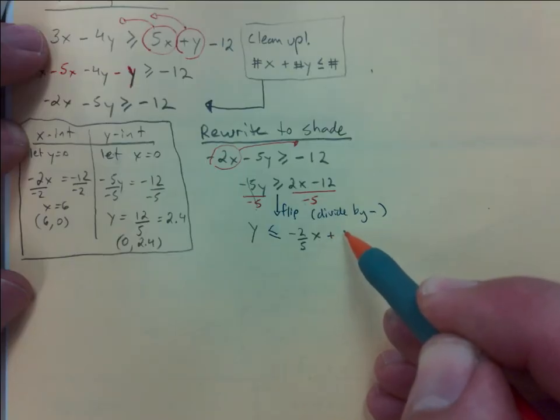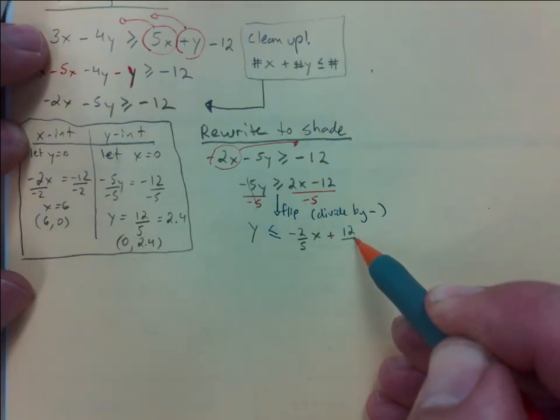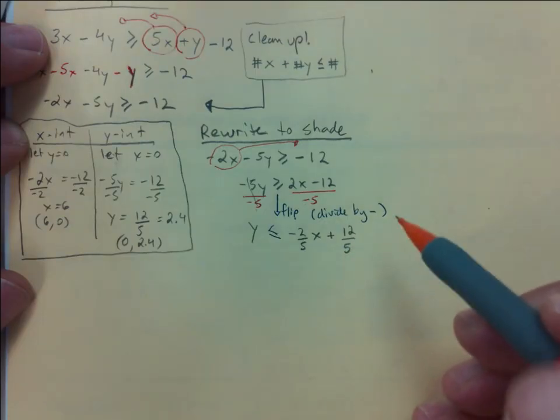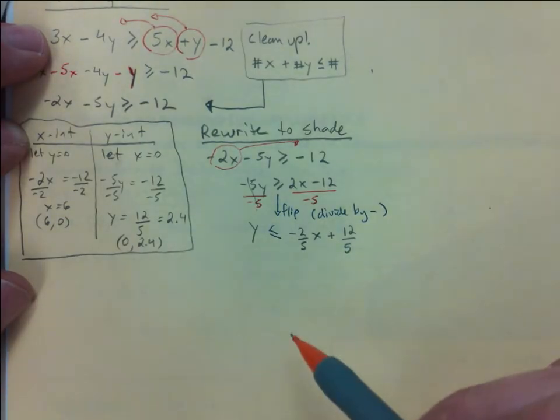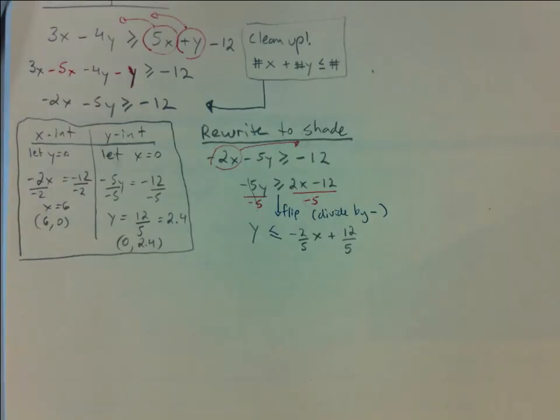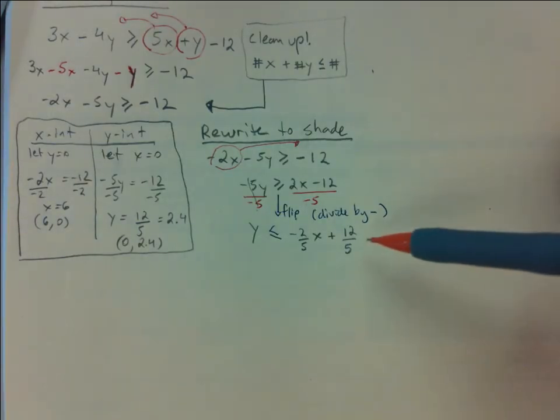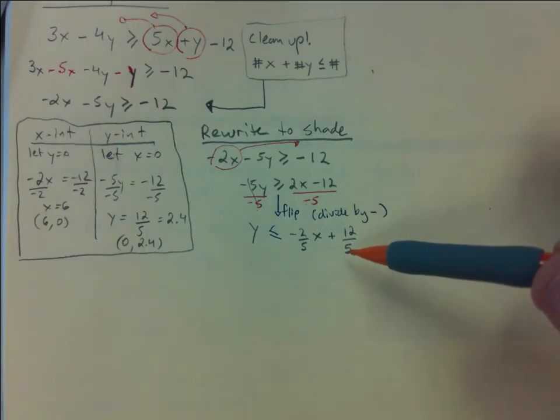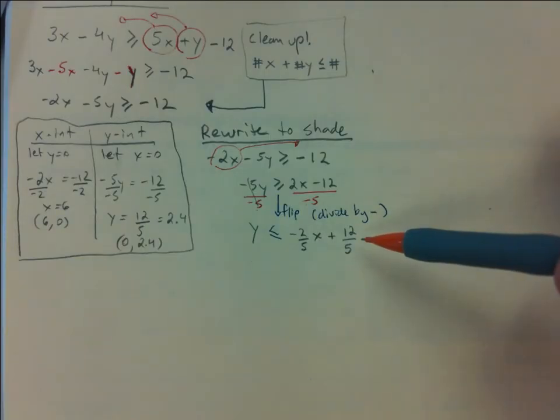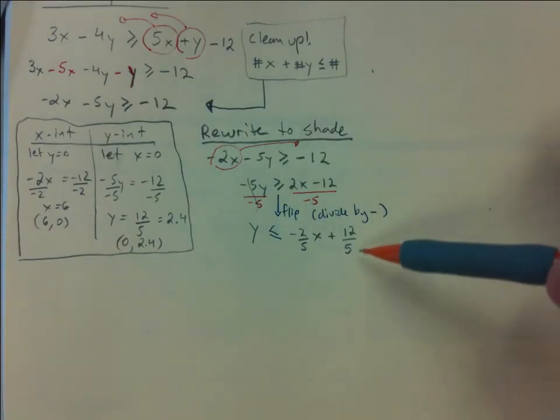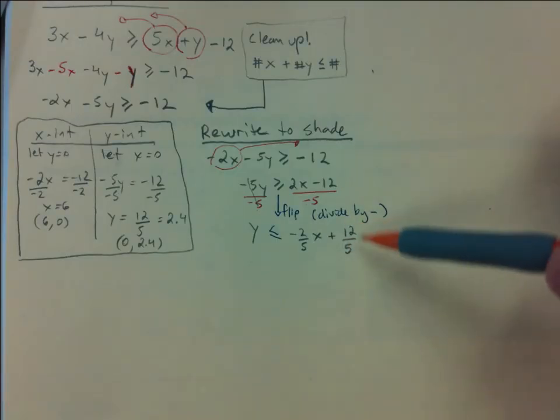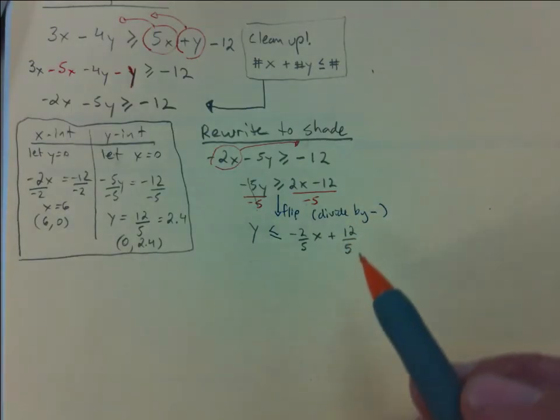I'm going to encourage you to leave this as a fraction, okay? This is why, because it could very well be that this is a decimal that doesn't end, okay? So I would like you to enter that into your calculators like that.